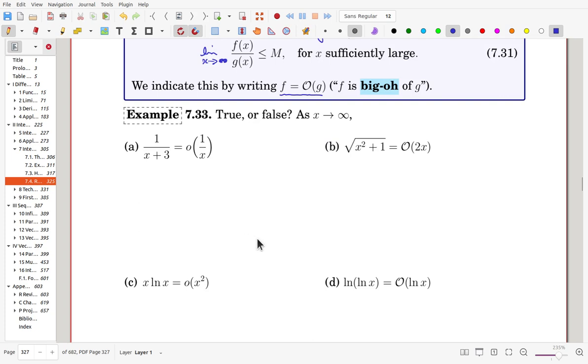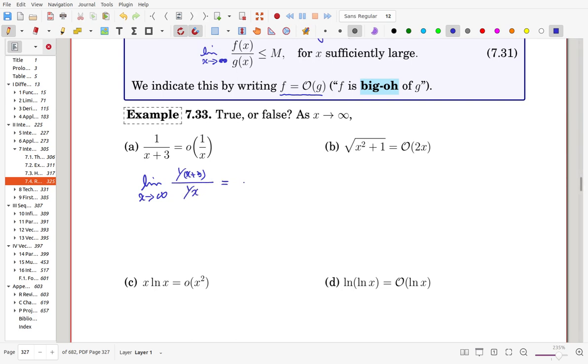Okay, let's try to solve these problems. True or false as x approaches infinity. By using the definition, we can say true or false. Start with the limit as x approaches infinity. f is 1 over x plus 3, and g is 1 over x.